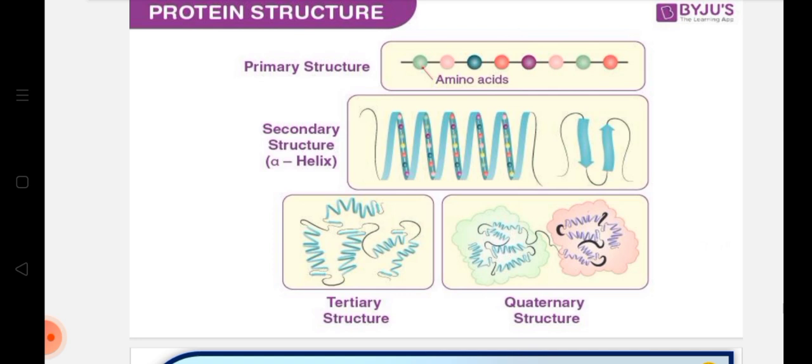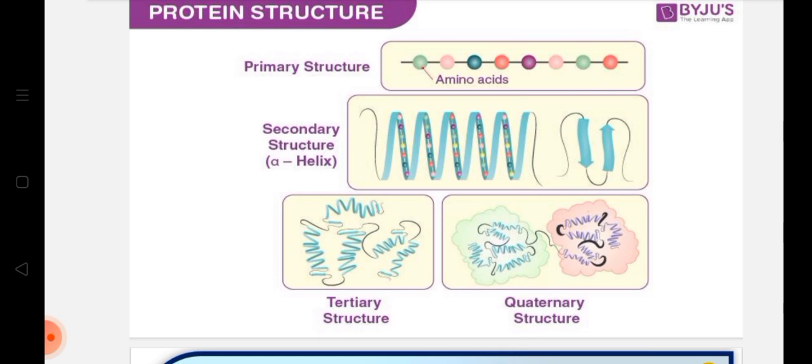In the secondary structure, the chain begins to fold locally into alpha helices and beta sheets. The tertiary structure shows the three-dimensional folding of a single polypeptide chain. And finally, quaternary structure consists of multiple folded polypeptides assembled into a functional complex.